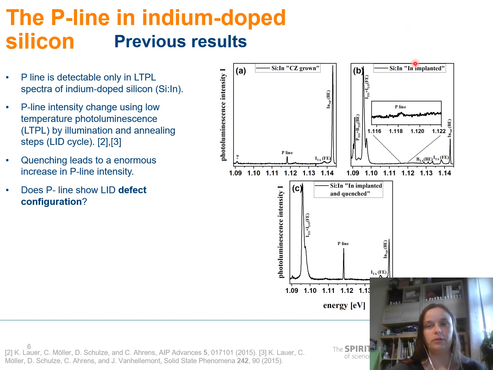But notice, the quenching only increases the P-line intensity, but is not its origin. Now, the question is, does the P-line show an LID defect configuration? We aim to answer this question by examining the change in P-line intensity during LID cycle treatments.